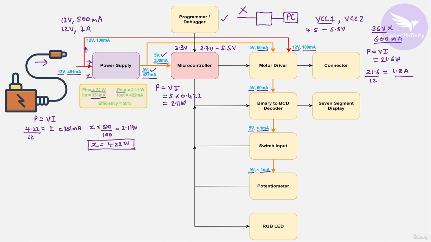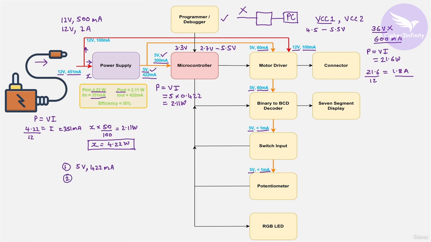So from this power budget calculation, we are actually getting two conclusions. The first one is the power supply block that we are going to design should provide 5 volt on the output side, and it should be capable of delivering current more than 422 milliampere. Okay, so that's basically the first conclusion.